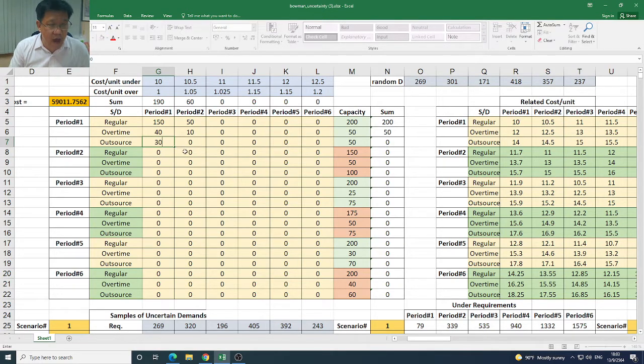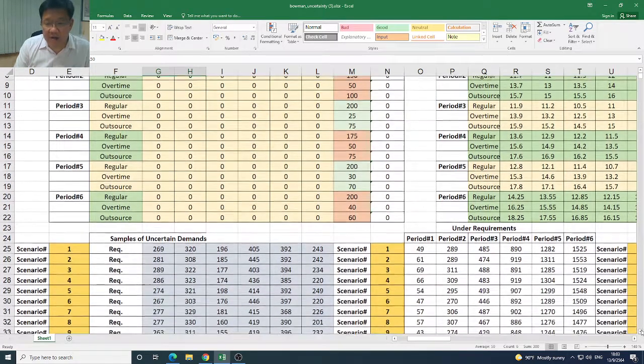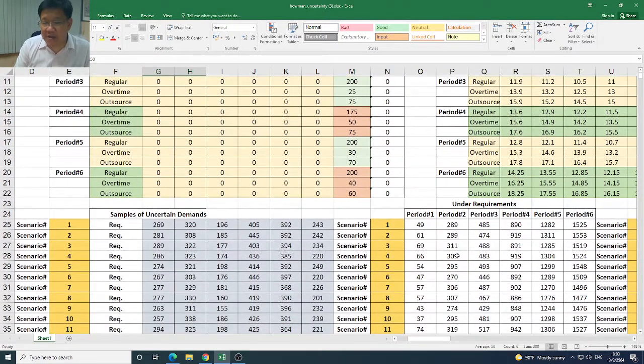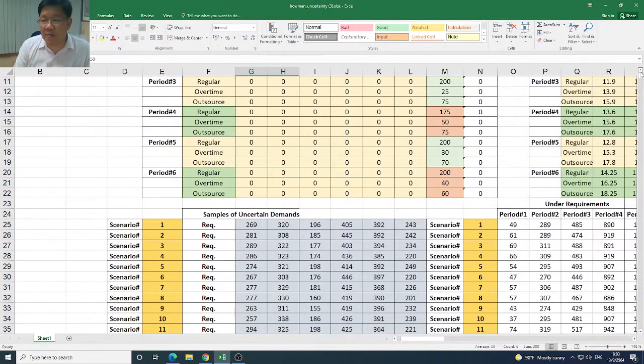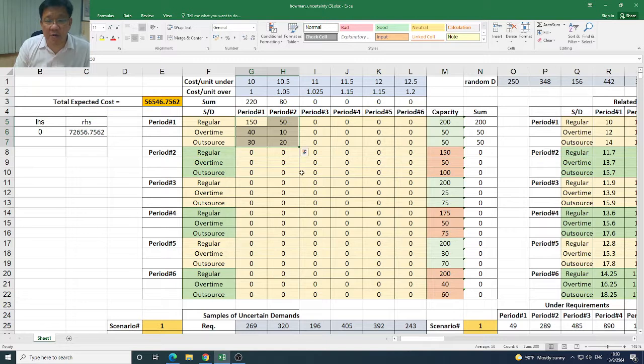This is just an example. Once you allocate, you can see some differences down here already. The number of under requirements changes, and there is no over requirement because we haven't put in many numbers yet.